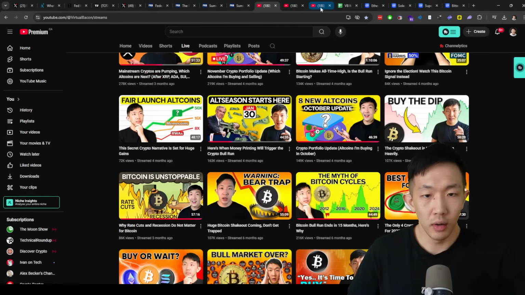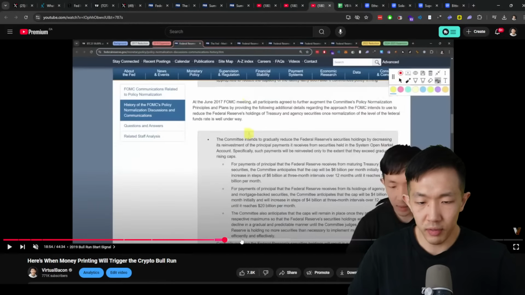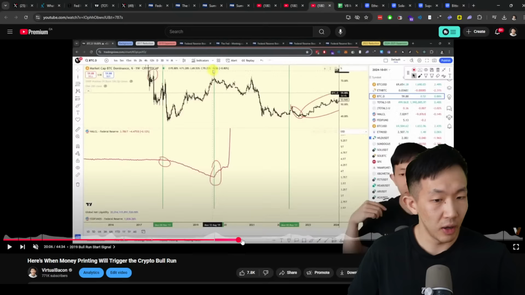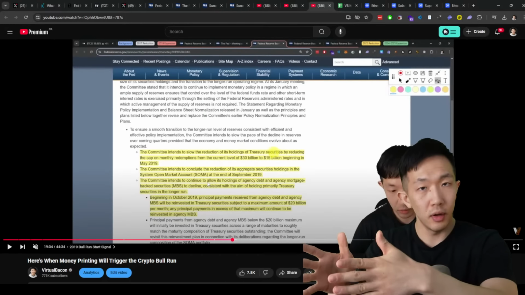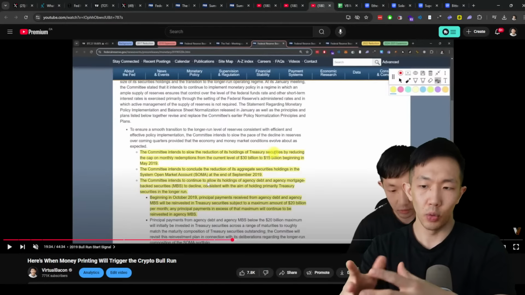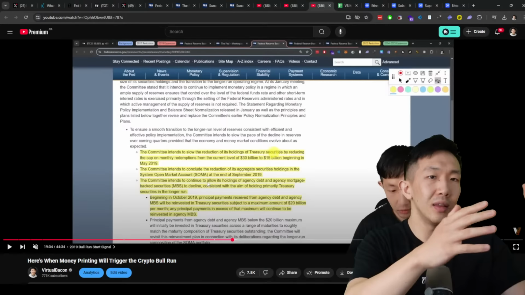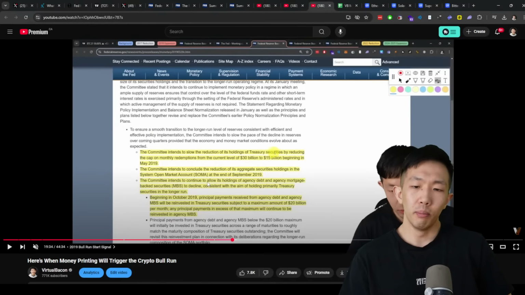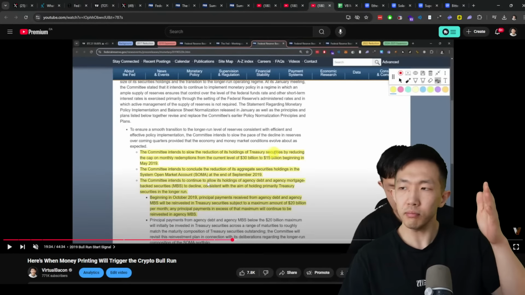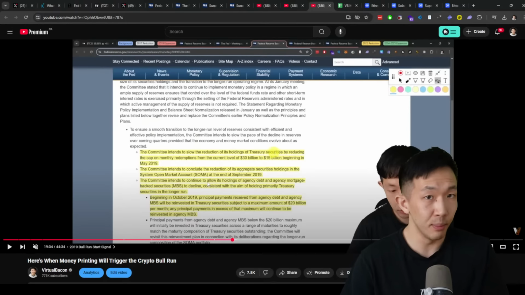So in here, I have looked at all previous statements coming from the FOMC and by which month of the FOMC they stated they were going to slow the sell-off of the balance sheet. And then after that, how many months did it take for QT to completely stop and QE to begin? And my conclusion was that the shortest time frame was 3 months and the longest delay was 8 months.